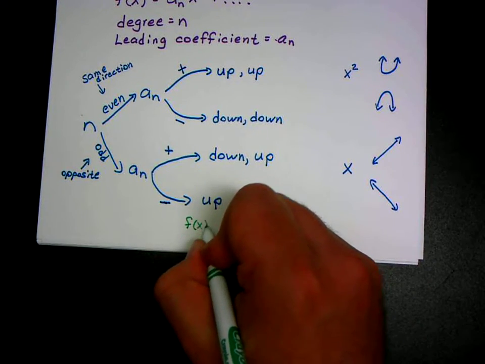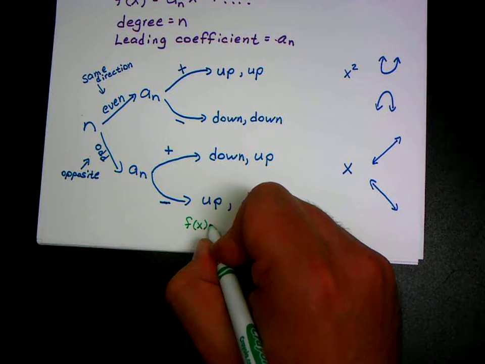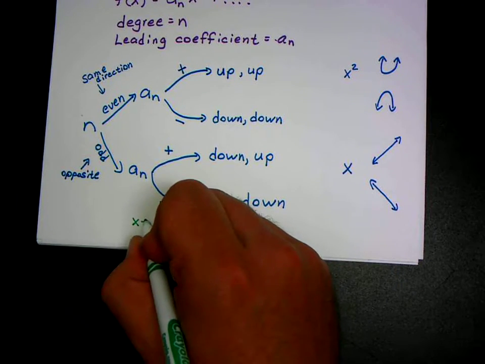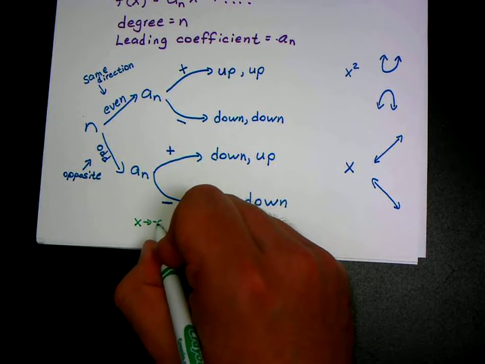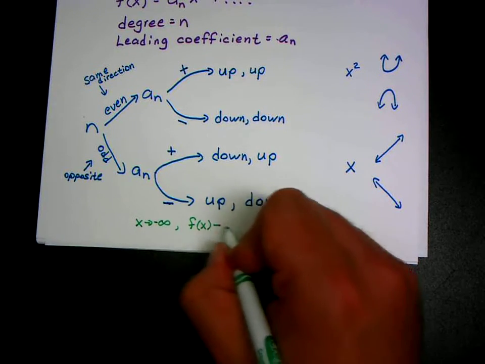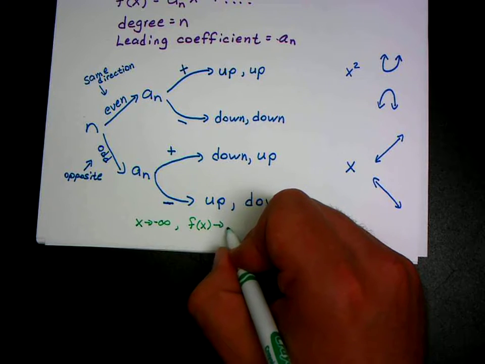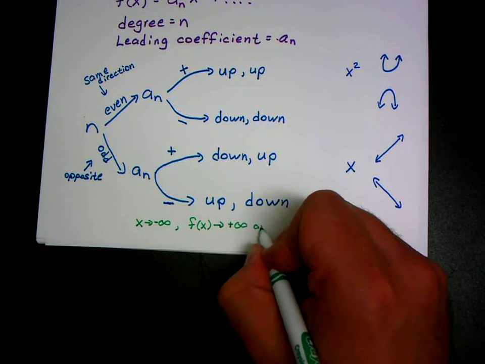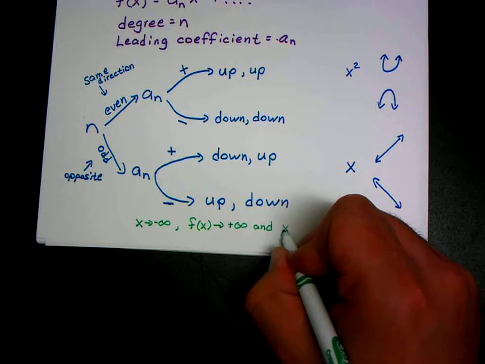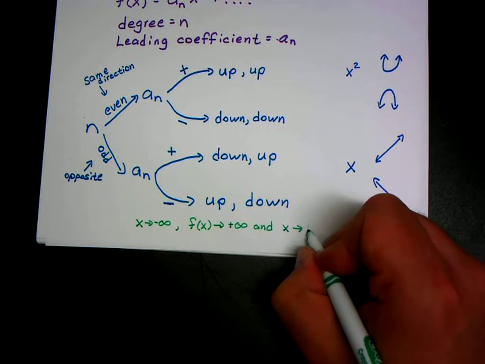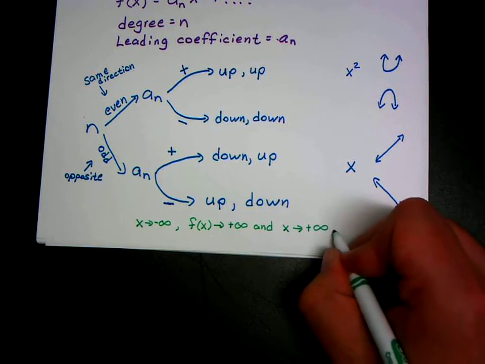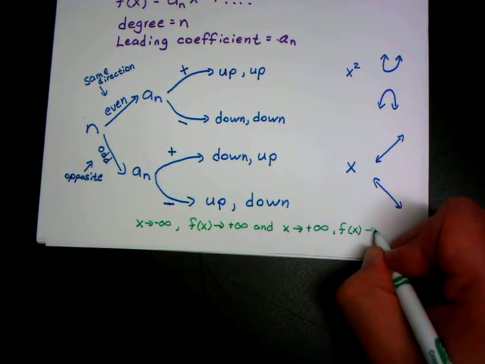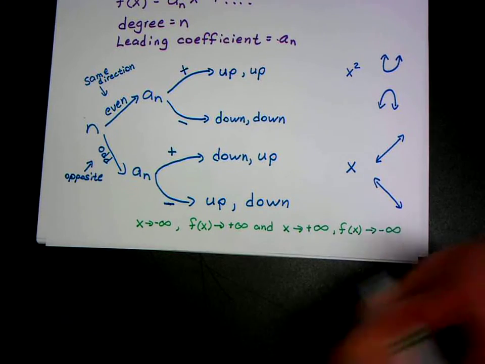As x goes to negative infinity, f of x goes to positive infinity, and as x goes to positive infinity, f of x goes to negative infinity.